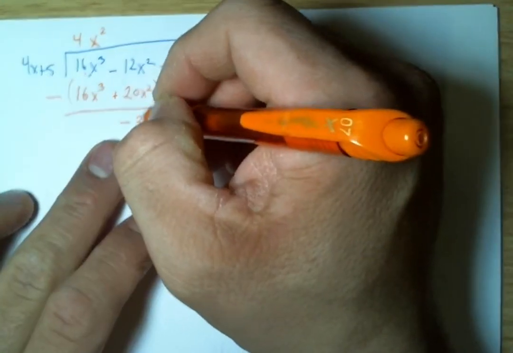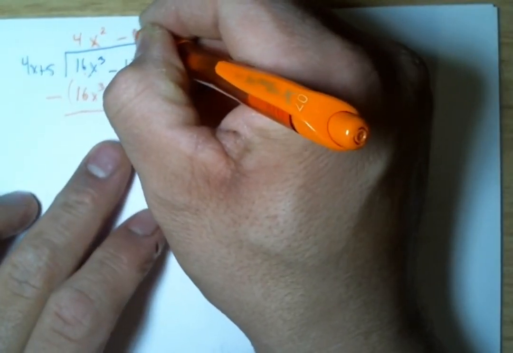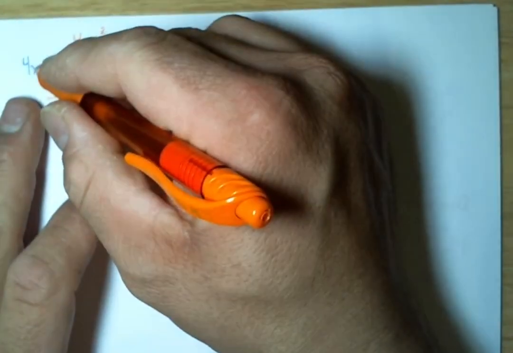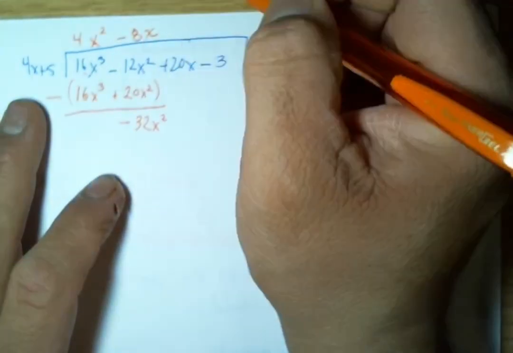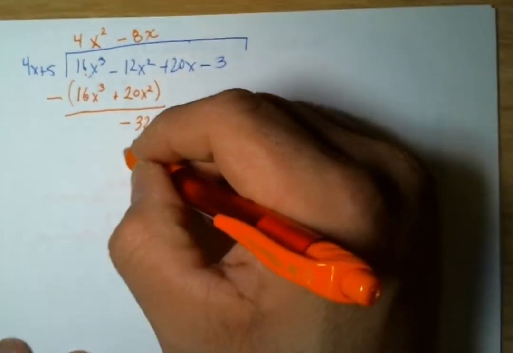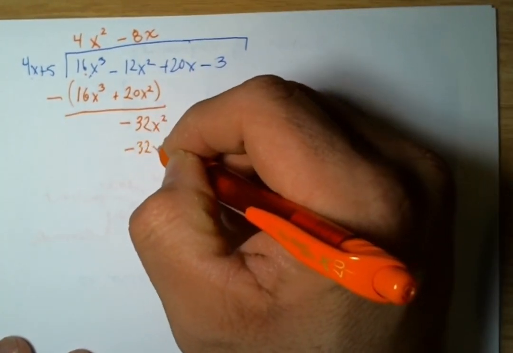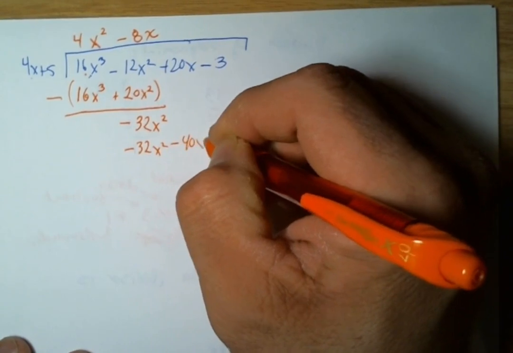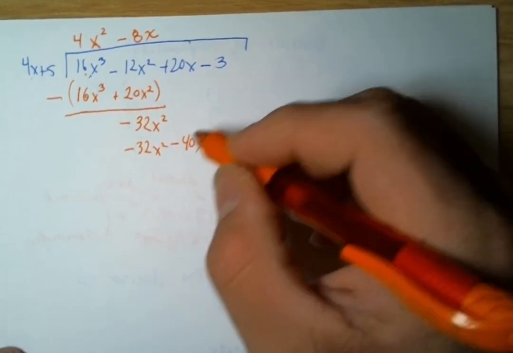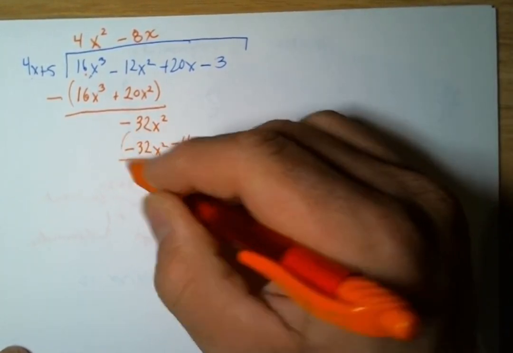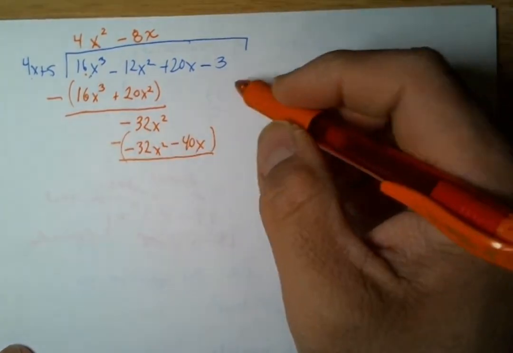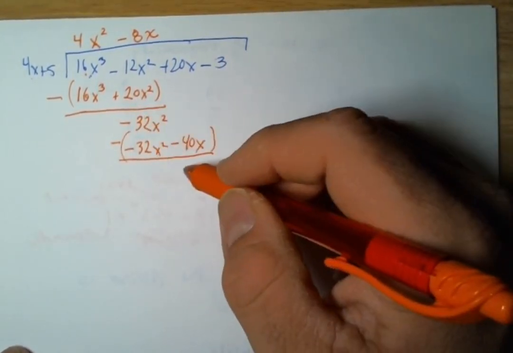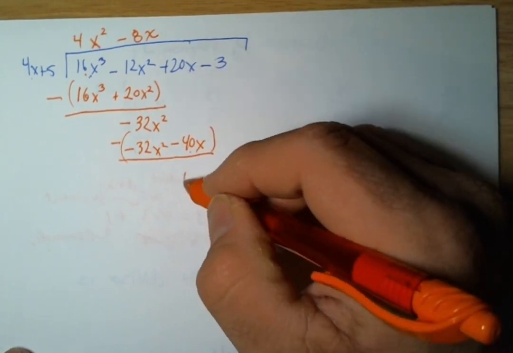So coefficient of negative 32, so I'm going to multiply by negative 8. I need an x squared. We have 1 factor of x, so we only need 1 more factor there. So we get negative 32x squared, and then here we get negative 40x. And then we subtract. So that becomes 0, and then here plus 40, we get 60x.